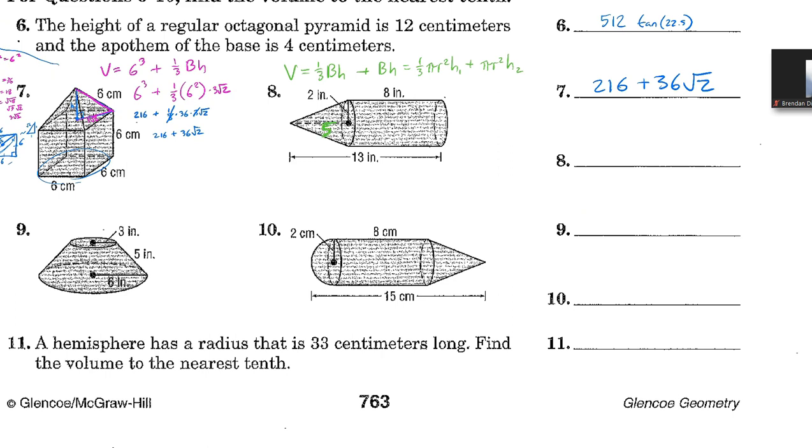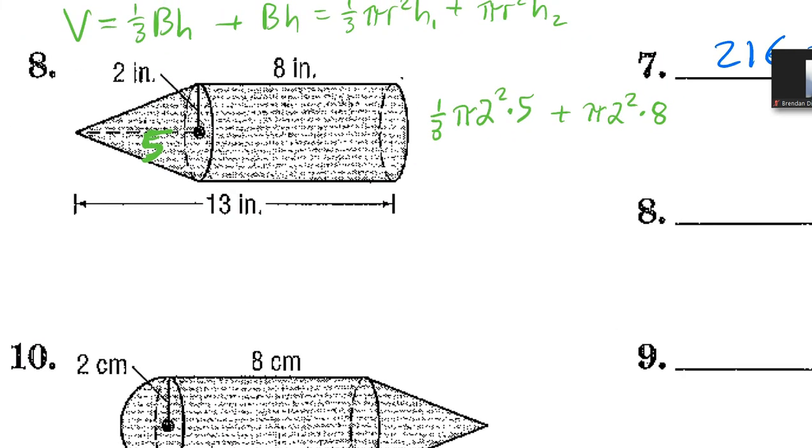Okay, so let's just plug in our numbers. So we have the volume of the cone, that's 1/3 pi 2 squared times the height of the cone, 5, plus pi 2 squared times the height of the cylinder, which is 8. So that's it. So we have 1/3 of pi times 4 times 5 is 20, plus pi times 4 times 8.